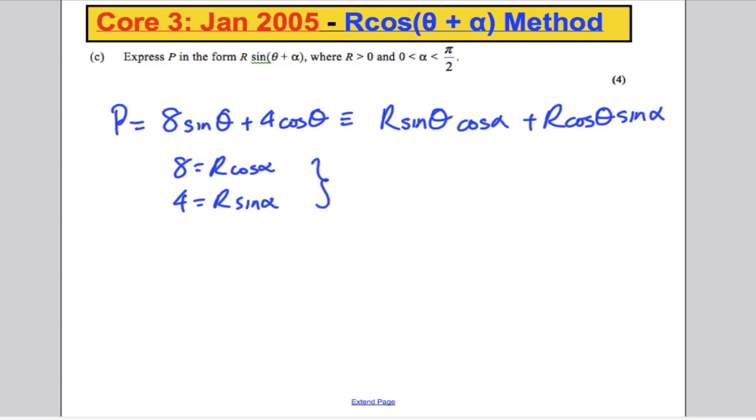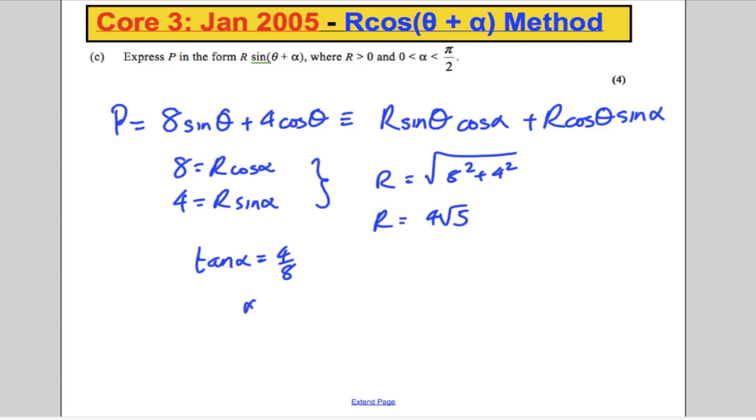We know from these two that R must be the square root of 8 squared plus 4 squared, and that works R out to be as follows. R would be the square root of 64 plus 16, which would be 4 root 5, so R is 4 root 5, and we know also that tan alpha must be 4 over 8.